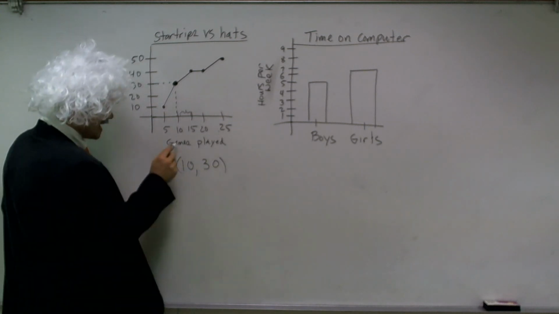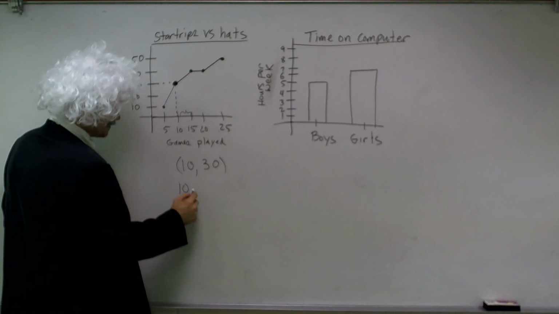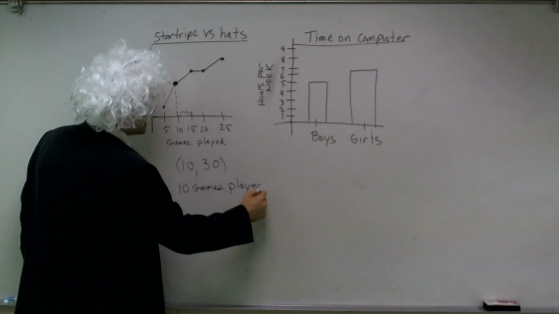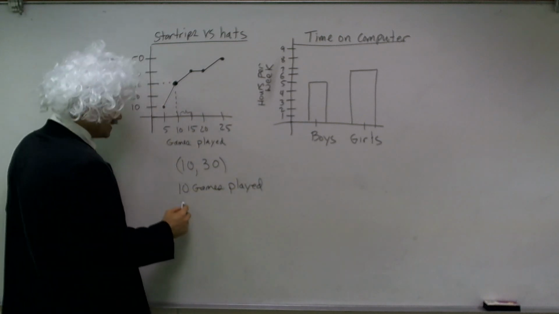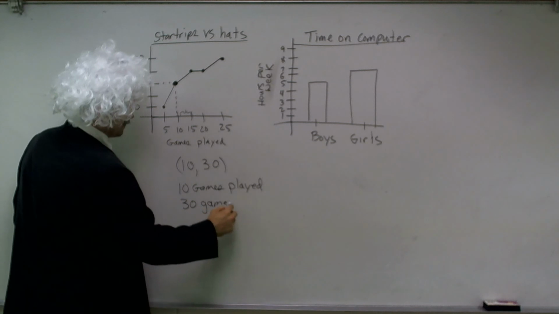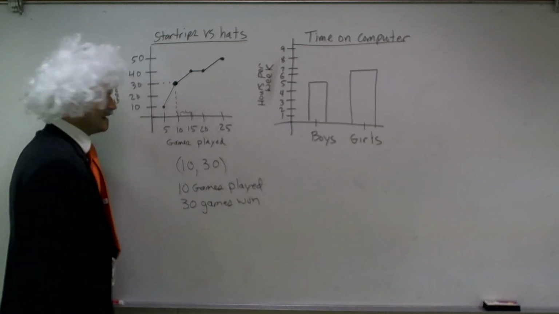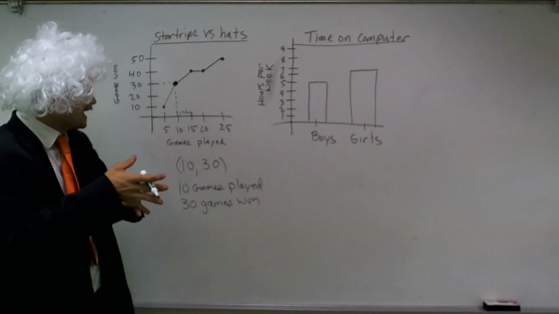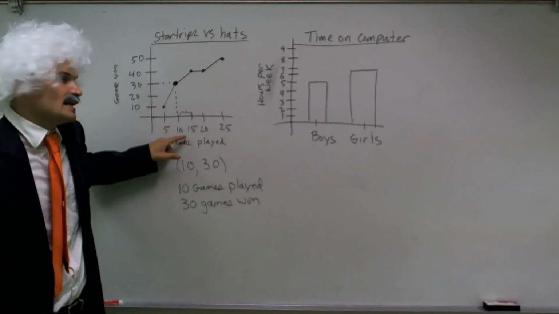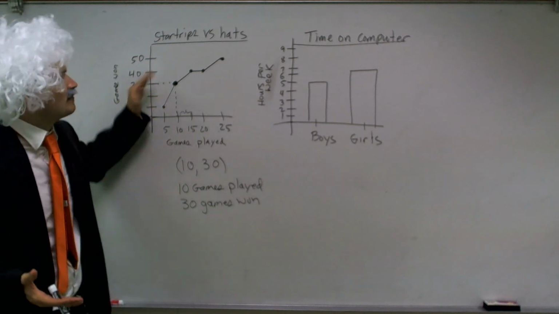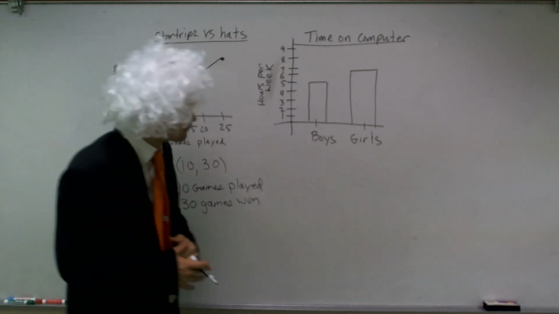That means I had 10 games played, and at 10 games played, we won 30 games. So that point represents two sets of data that, when we bring them together, we can say when he or she played 10 games, they won 30. That's very important, and we can do that for the rest of this graph.